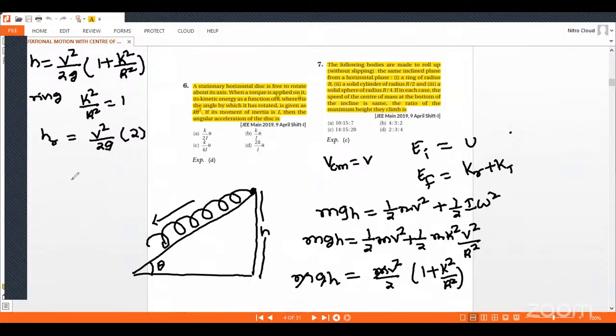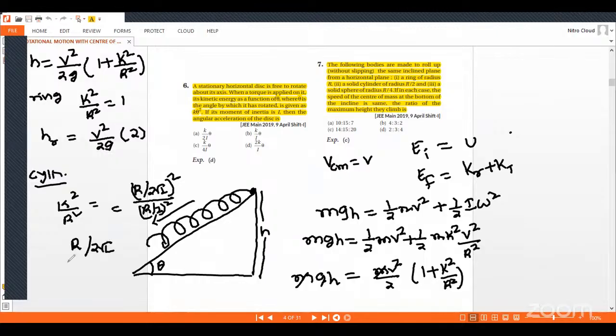Similarly, for the cylinder, k square by r square. Here the cylinder radius is r by 2. For the cylinder, k value will be radius by root 2, whole square, by r square. That is r by 2 root 2, whole square, divided by r by 2 whole square.